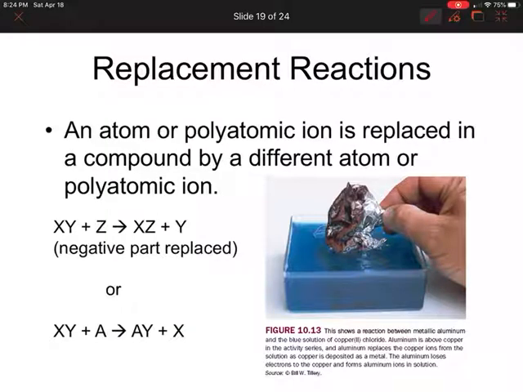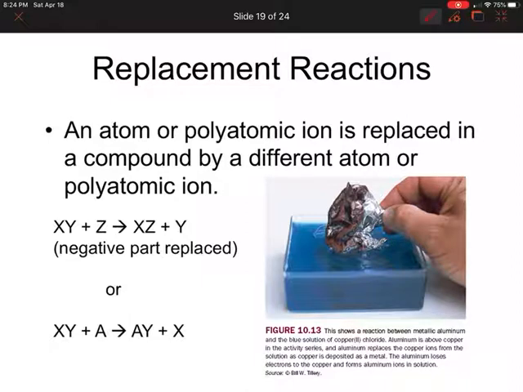But since it is above it, the aluminum replaces the copper ions from the solution as copper is deposited as a metal. So the aluminum loses electrons to the copper and then forms aluminum ions in the solution.